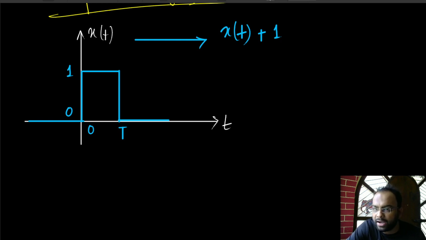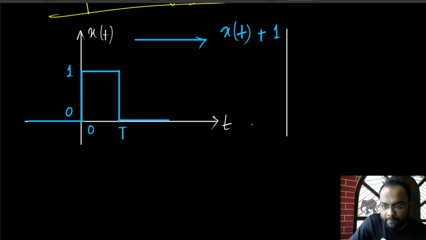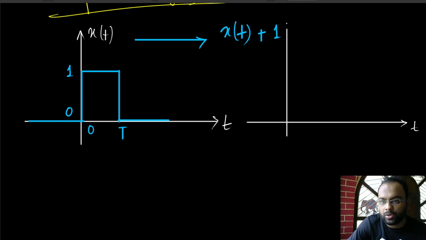How am I going to get that? It's again pretty simple, right? So now I'm drawing x(t) plus 1. So what would happen?